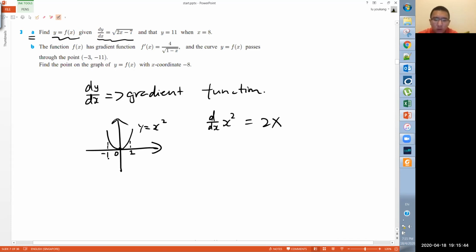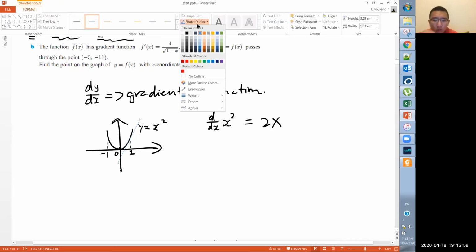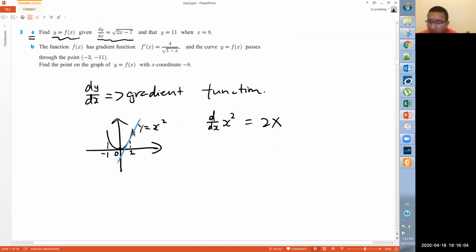If you are asked to find the gradient function at this point, x equals 1, you can make use of this gradient function to find out the value of the gradient here.